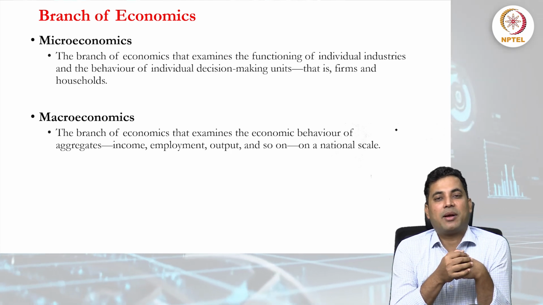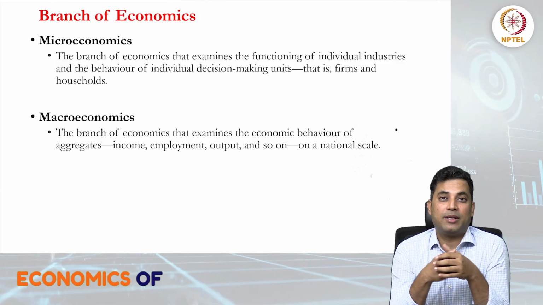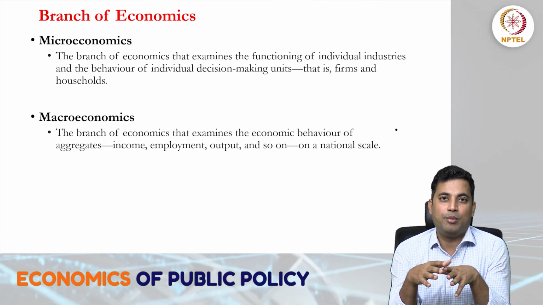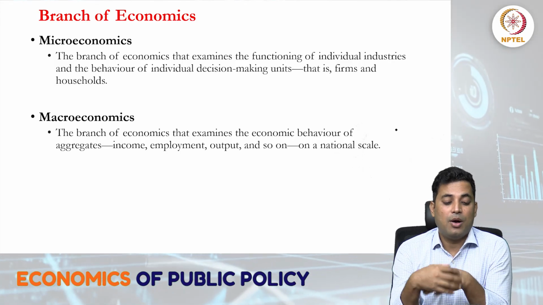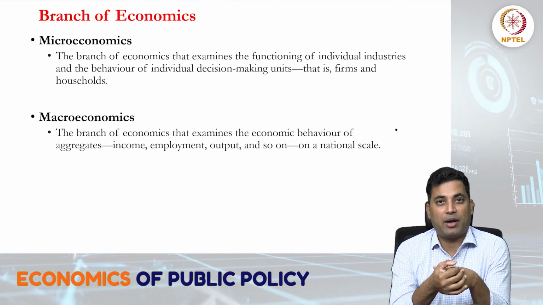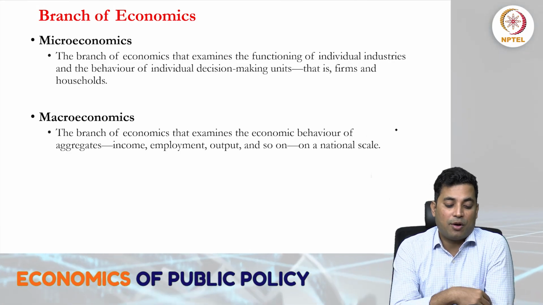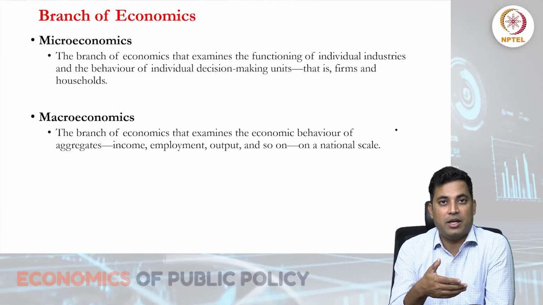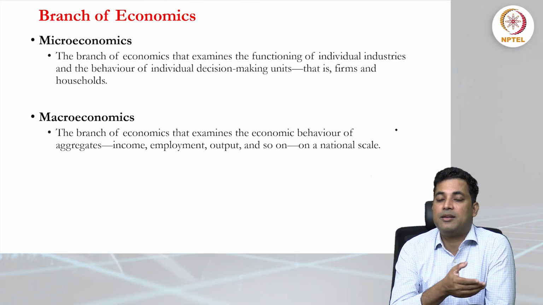Now just to summarize all 10 principles of economics. These 10 principles can be understood from two branches in economics: microeconomics and macroeconomics. Microeconomics, by definition, as students of economics know, deals with the behavior of individuals, and these could be firms and households.